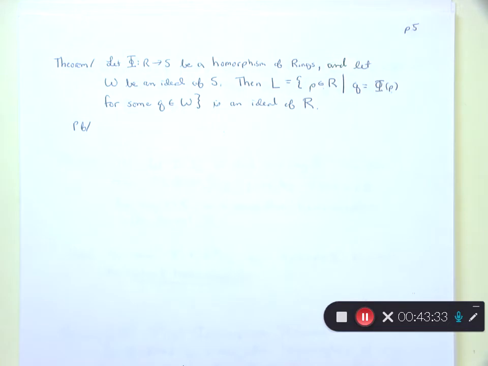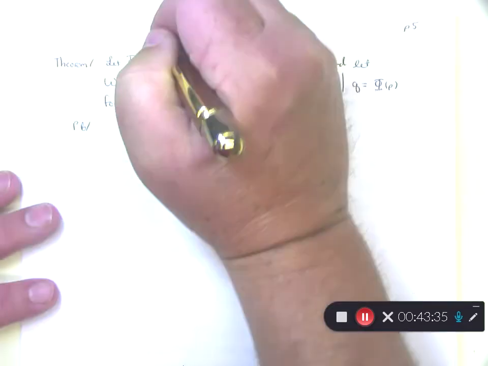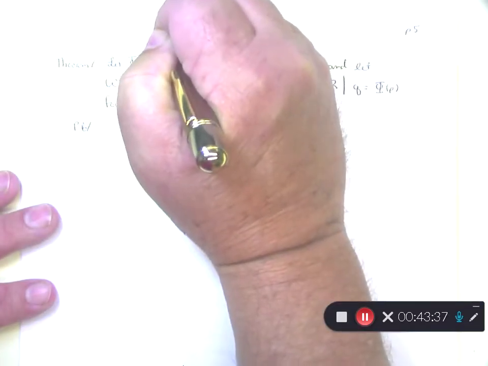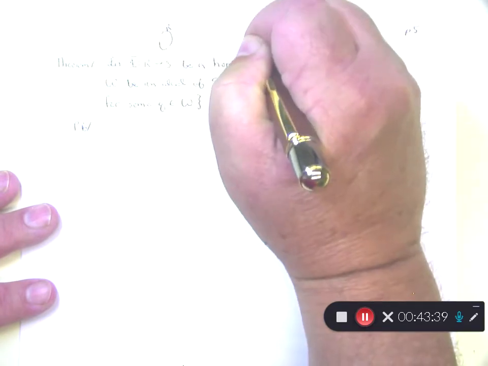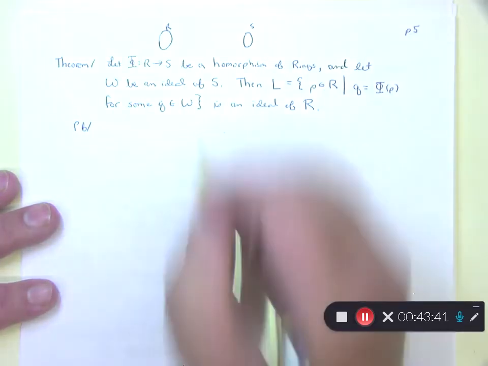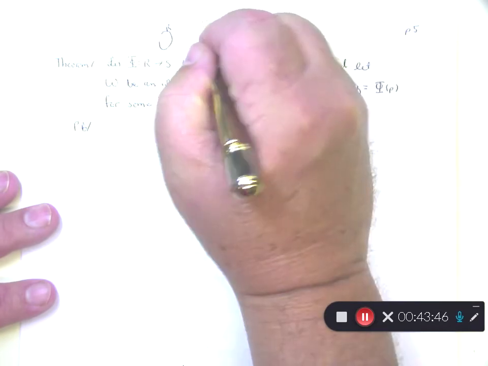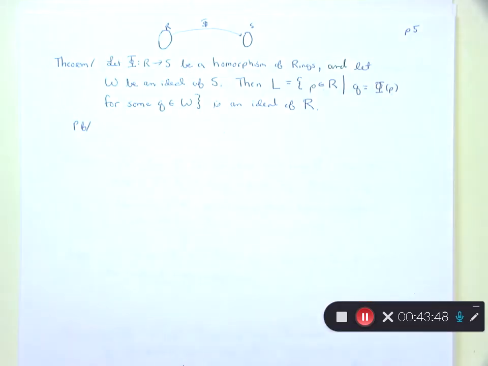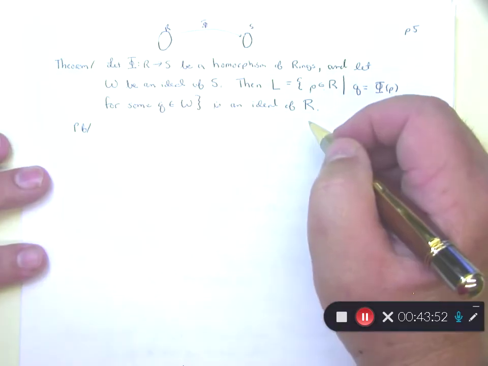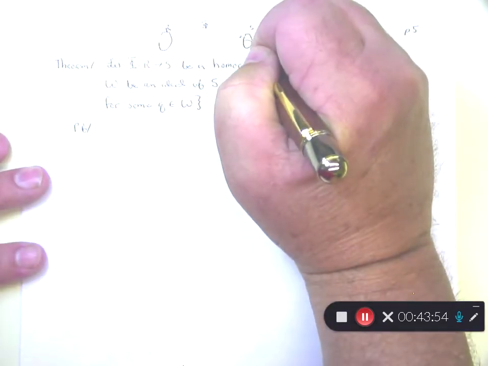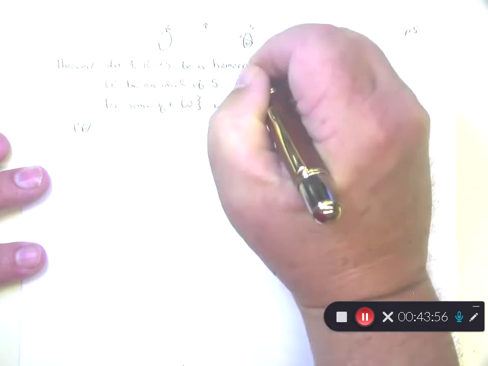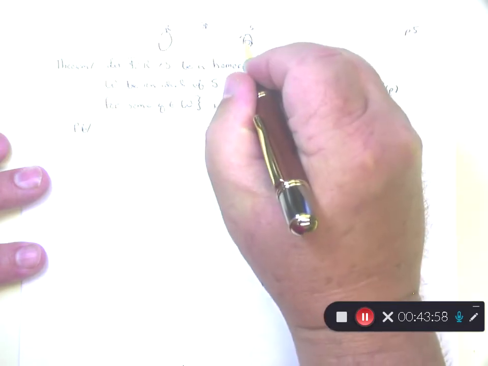So if I've got phi taking ring R into ring S, and phi maps that over from ring R to ring S, what's going on here is this. Here's W, inside of ring S, and this guy is an ideal.